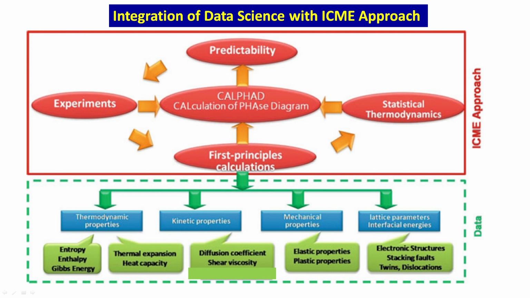We can do first principles calculations to feed the data, and we can do statistical thermodynamics, which allows us to generate phase diagrams. We can also use this for better predictability and prove it experimentally, whether correct or not. That will allow us to find thermodynamic properties, kinetic properties, mechanical properties, also interfacial energies, lattice parameters, everything. I have listed all these different kinds of properties which can be measured.